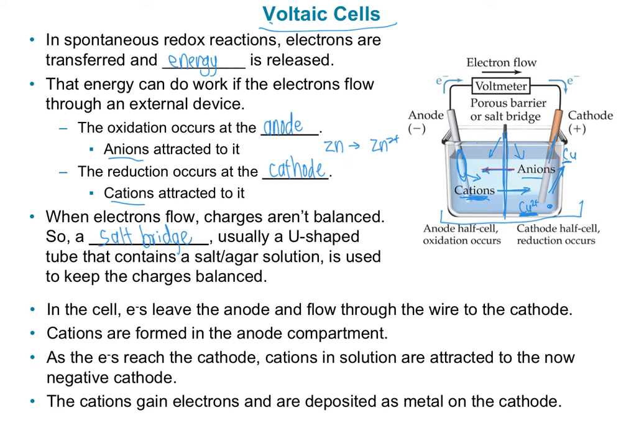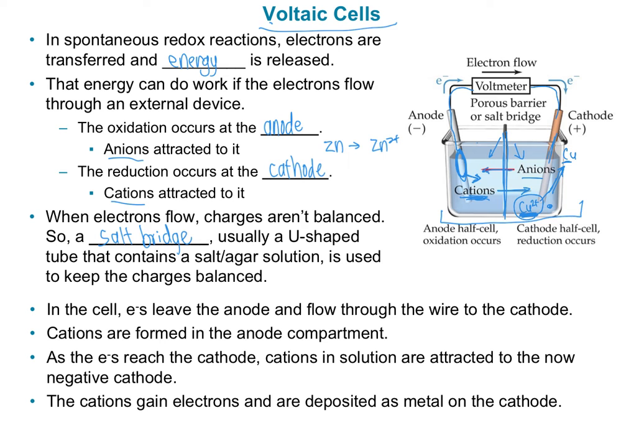Because when we take our metal from our anode and put it into solution as cations, the electrons that got removed go up through the wire and into the cathode, which helps our metal ions here get reduced.